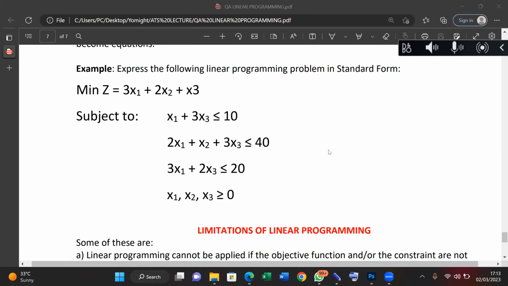One material? Check it very well. Two materials? Is it two or three? Three. A company produces three products: X1, X2, and X3.